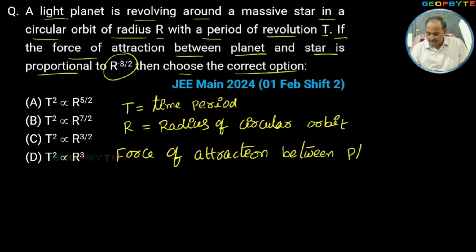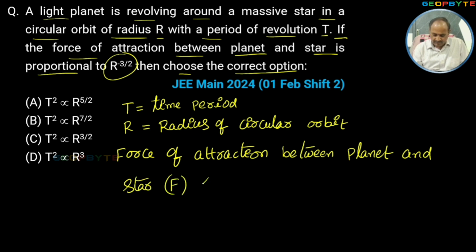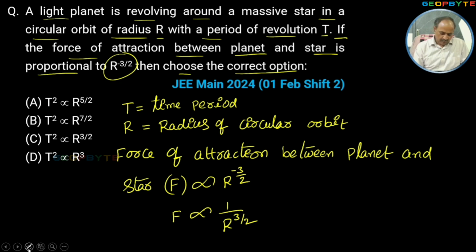It is given that force of attraction between planet and star, let it be F, is proportional to r power minus 3 by 2. From this I can write that the force of attraction is proportional to 1 by r power 3 by 2. As you know, the force of attraction is G capital M small m by r square.